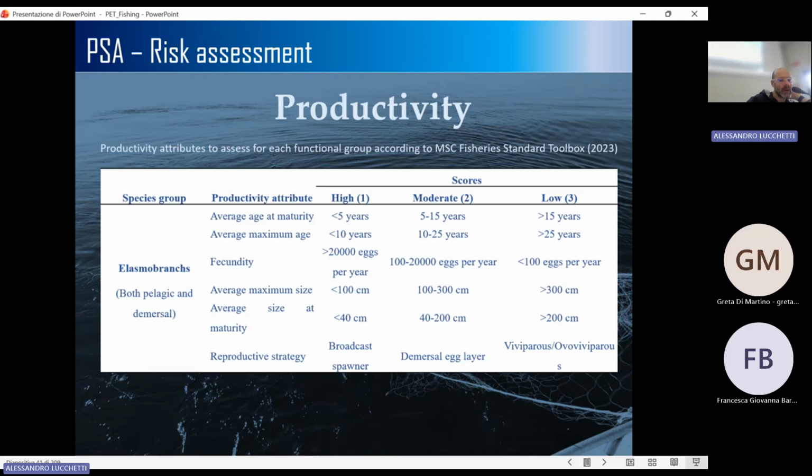But, okay, coming back to the PSA, the PSA is a qualitative and quantitative approach to guess the potential risk of bycatch of certain species. I would say quantitative because some attributes of each indicator can be based on expert judgment.